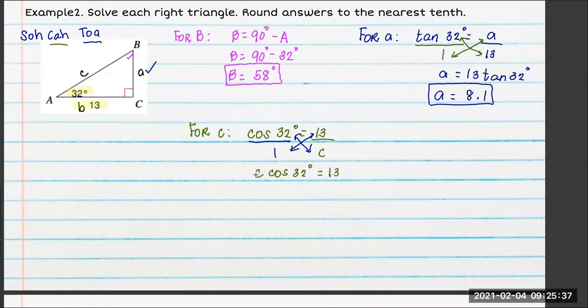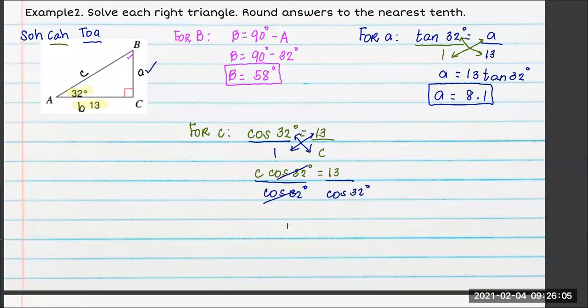Now, since you're solving for C, we need to get rid of the cosine 32 degrees. Since this is multiplication, the opposite of multiplication is division. So we need to divide by cosine 32 degrees, and it would cancel out.